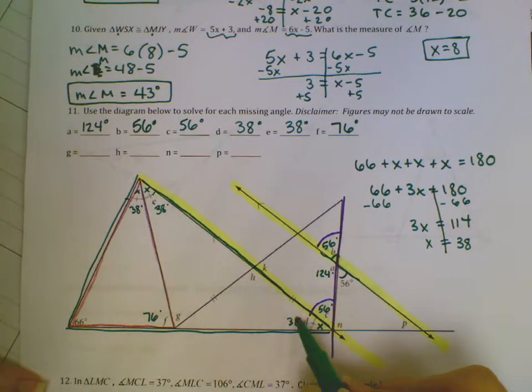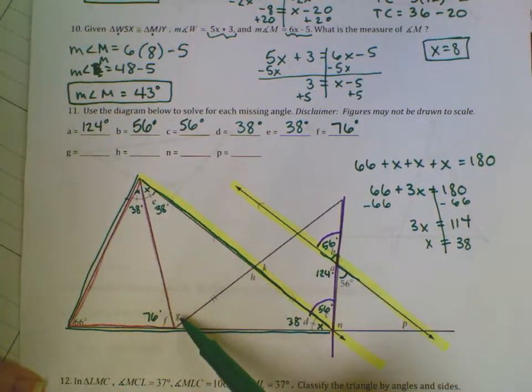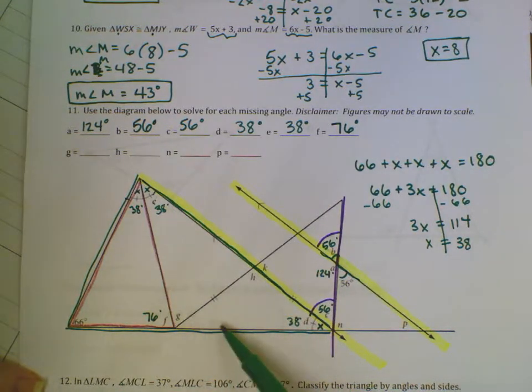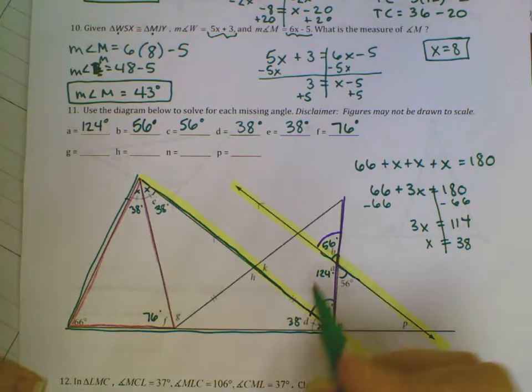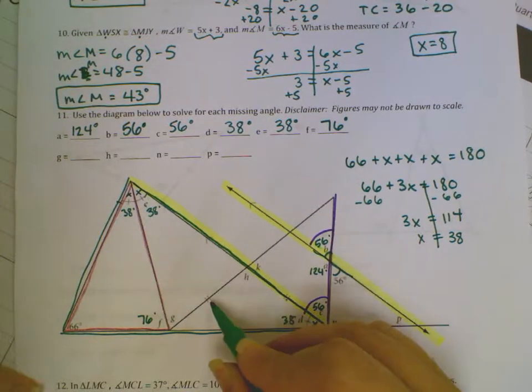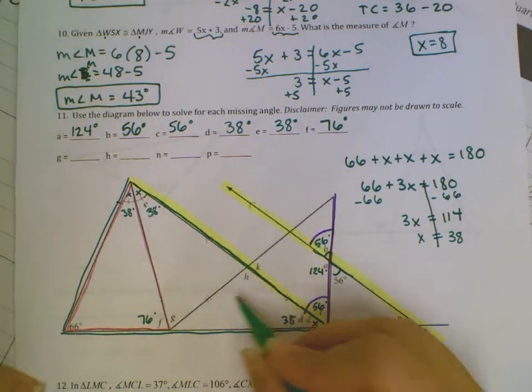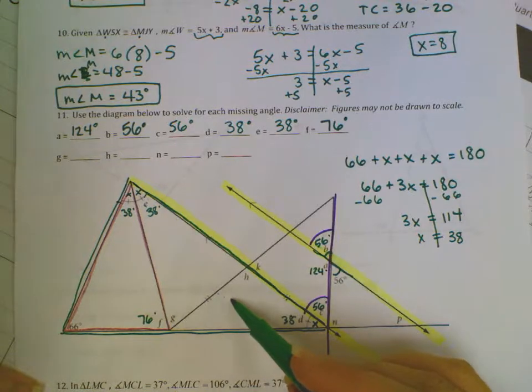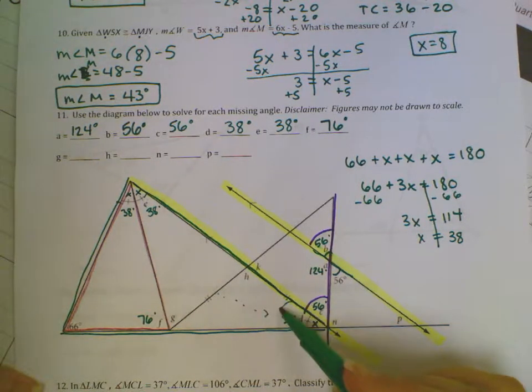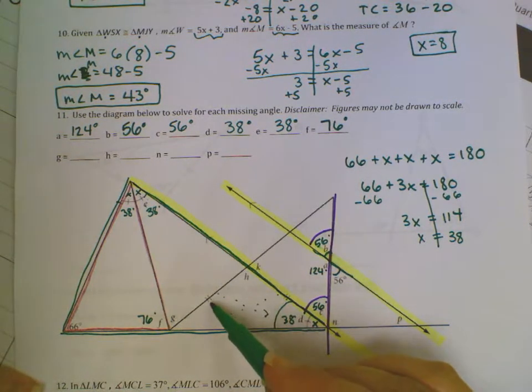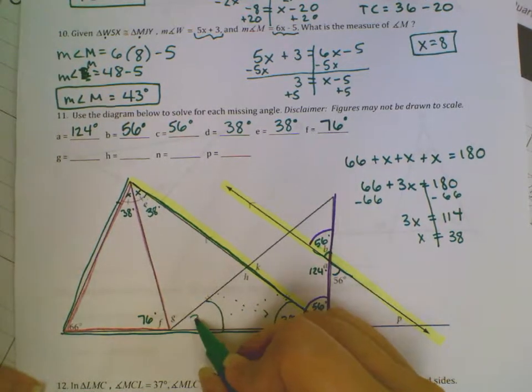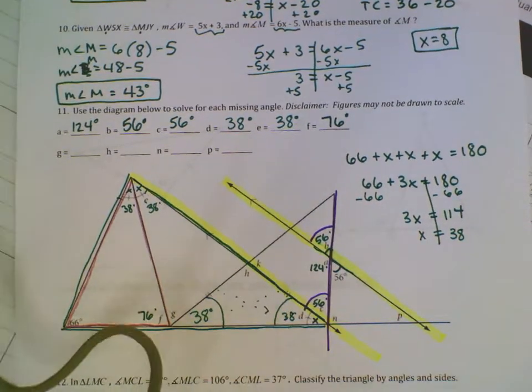Now, to find G, we need to see that this triangle right here is an isosceles triangle. If it's isosceles, that means we've got one set of congruent sides. Across from those congruent sides will be our congruent angles. So I know that this angle right here is also 38 degrees.